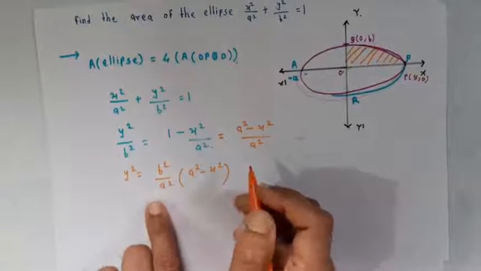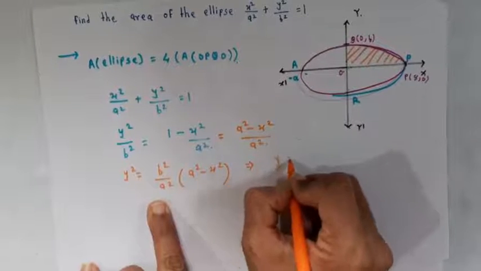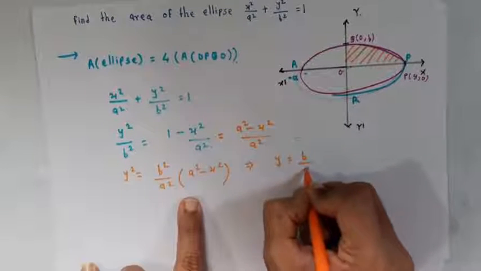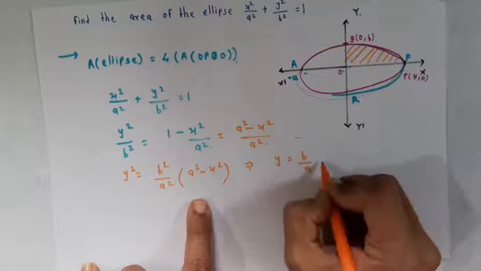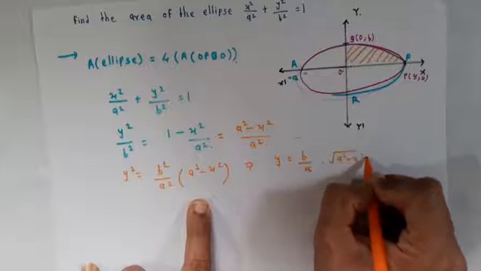Taking the square root on both sides, y equals b upon a into the square root of a square minus x square.